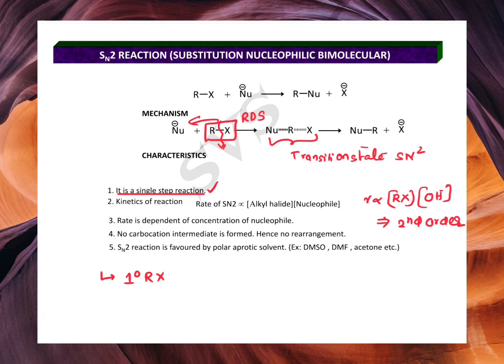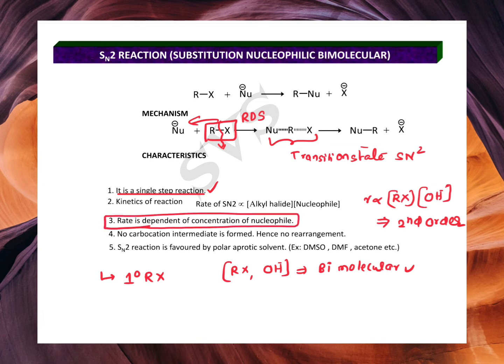In the rate determining step, alkyl halide as well as nucleophile both are participating. Therefore, it is an example of a bimolecular reaction. The rate is dependent on the concentration of nucleophile.